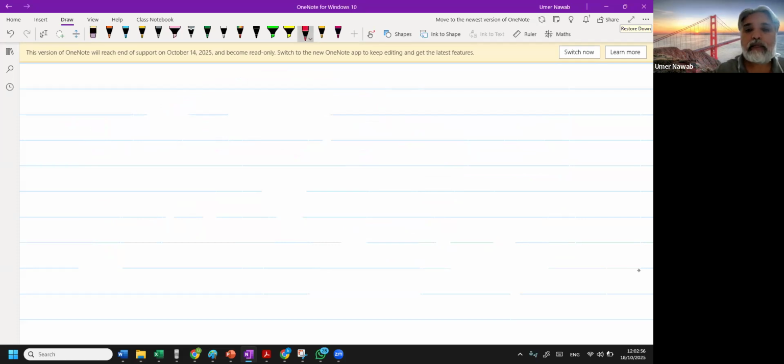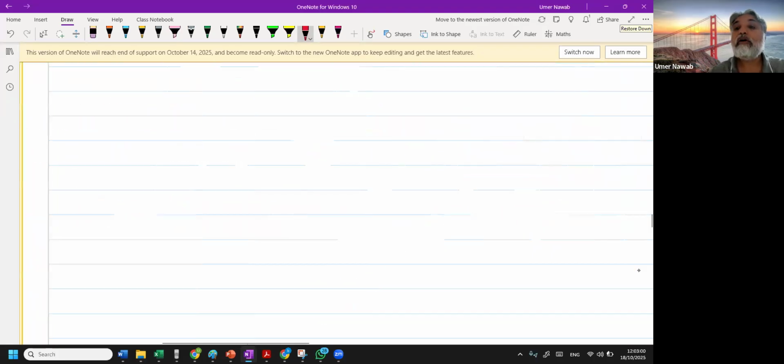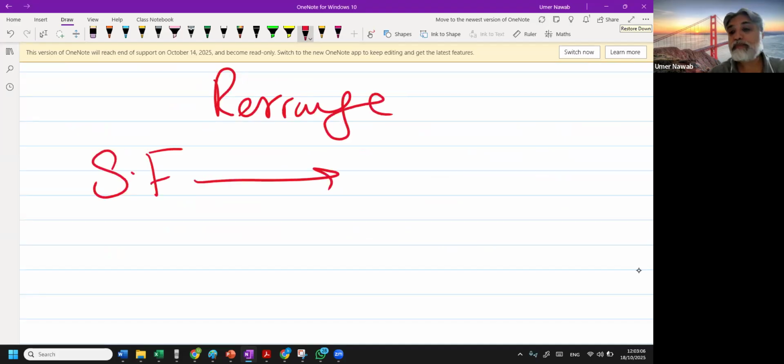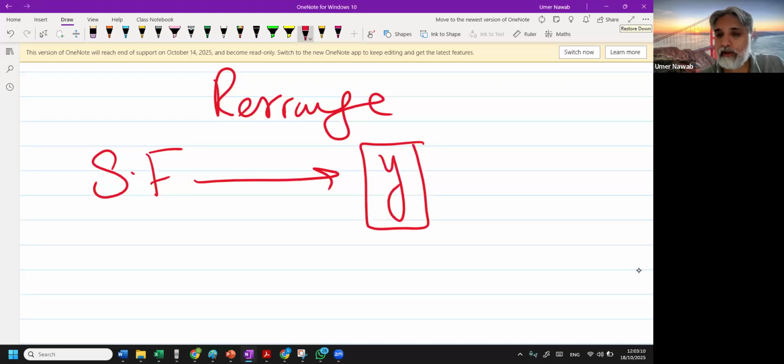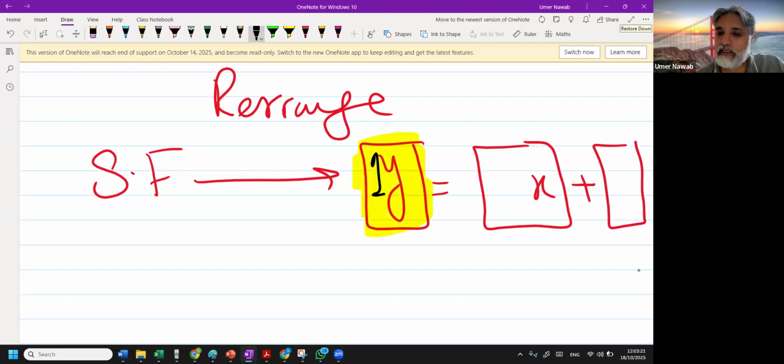Now, what is the first job I have? I have to rearrange the standard form into a specific form. And I love that form. What is that? Y alone, then you need to write the x term, and then you need to write the constant here. So once you make your x with the coefficient 1, you write something over here that is called the gradient, and you write something here as a constant which is called c.